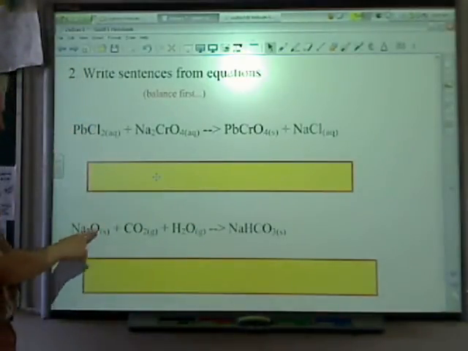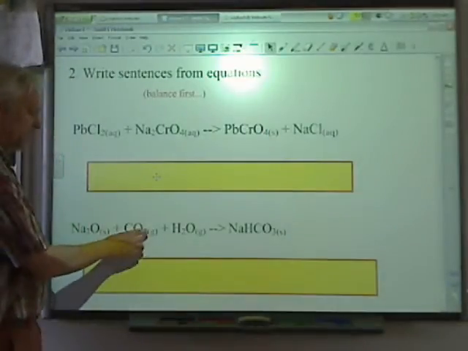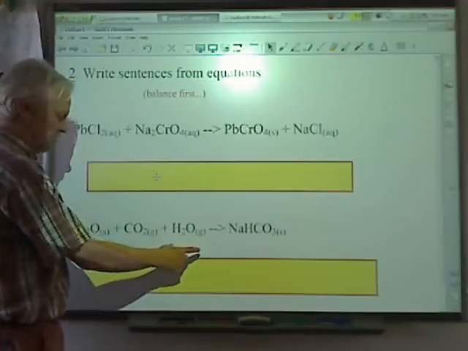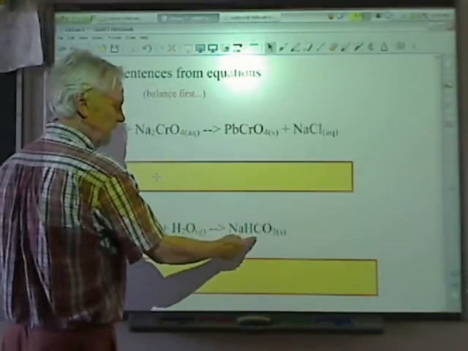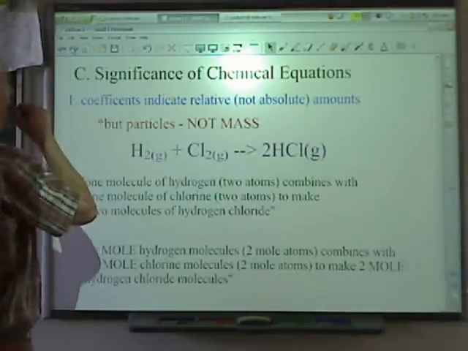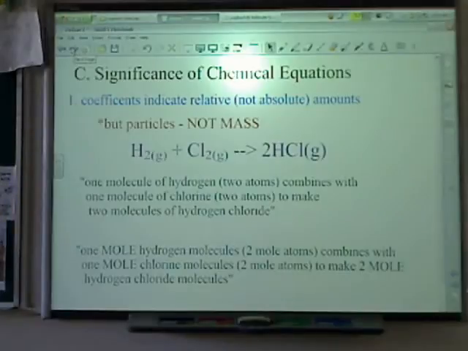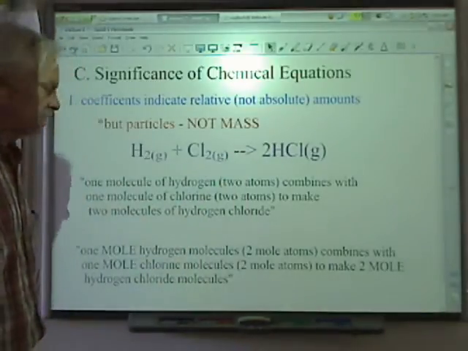Solid sodium oxide, all we got to say, because sodium always has a +1 charge, combines with carbon dioxide and water vapor to produce solid sodium hydrogen carbonate. And that's really all we have to say. Already talked about this, that the coefficients indicate relative amounts in moles, right?